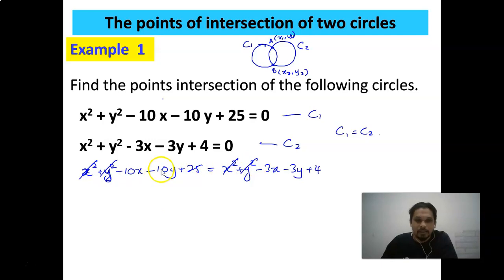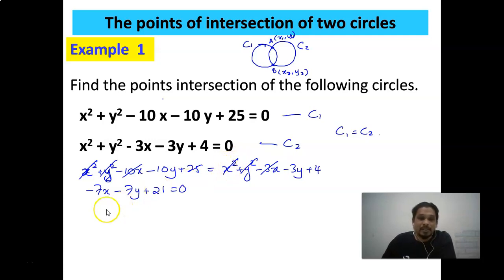Now, negative 3x brought to the left side becomes positive 3x, so negative 10 plus 3 equals negative 7x. Then negative 3y brought to the side becomes positive, so negative 10y plus 3y is negative 7y. And 4 brought over becomes negative, so 25 minus 4 is 21, equal to 0.